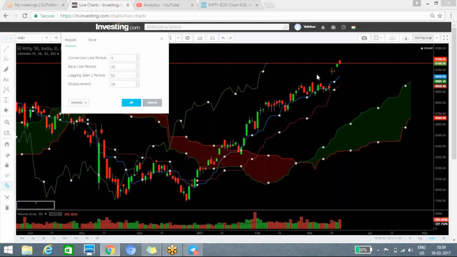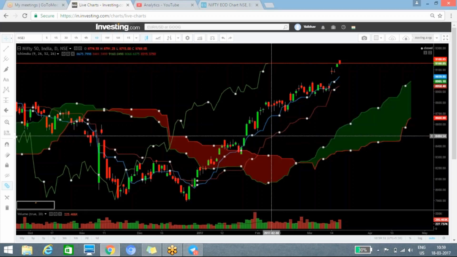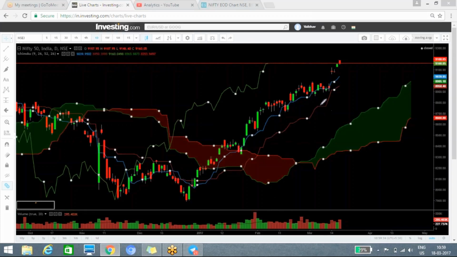We have seen the Tenkan-sen. Kijun-sen is the 26 period base line. It is the purple-looking line, just below the blue line. This purple line is the Kijun-sen line. This is Tenkan-sen and this is Kijun-sen.